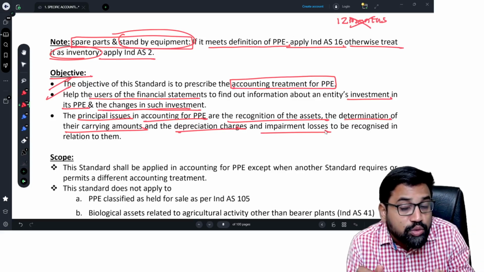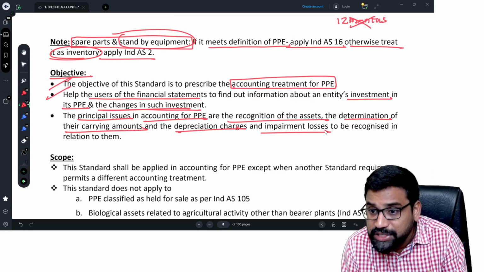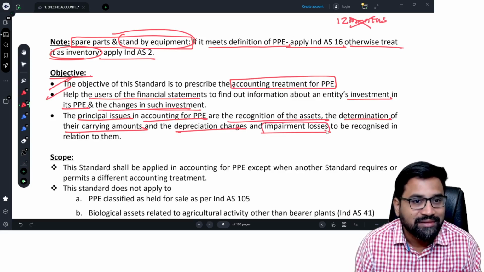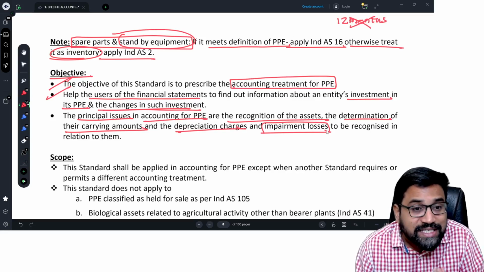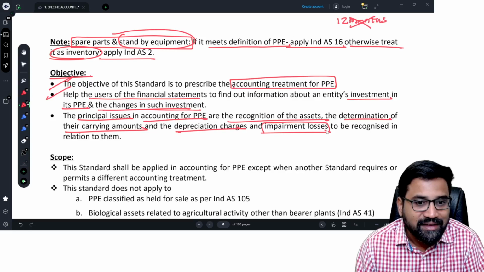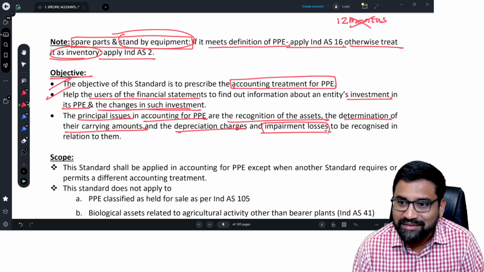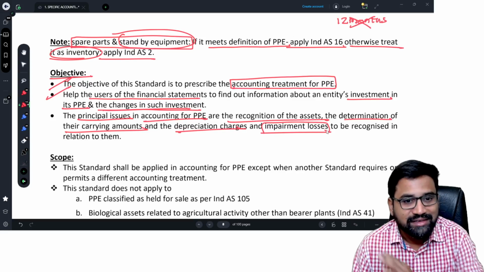So an asset may lose its value because of so many reasons, not only because of depreciation. Technically that will be called impairment losses. So impairment means loss in value of an asset due to reasons other than depreciation. Now, this impairment loss also we need to calculate. So that issue is also addressed by IND AS 16.